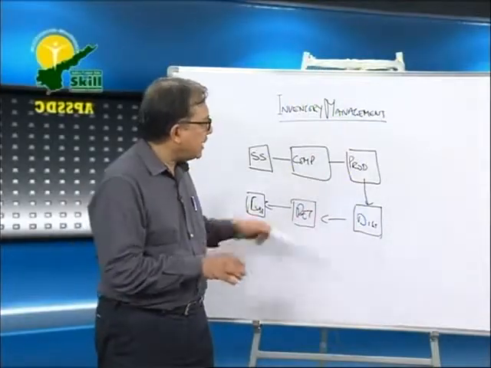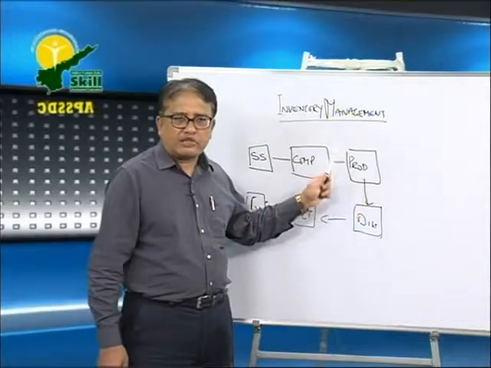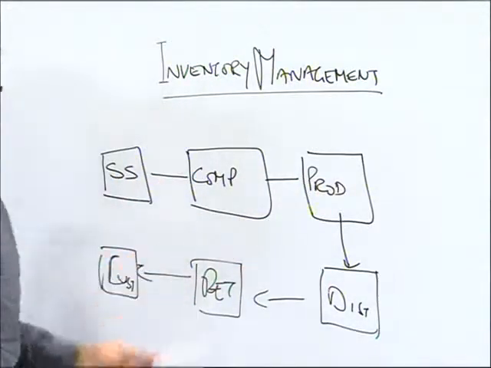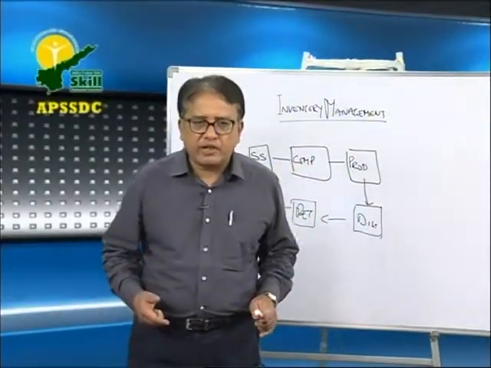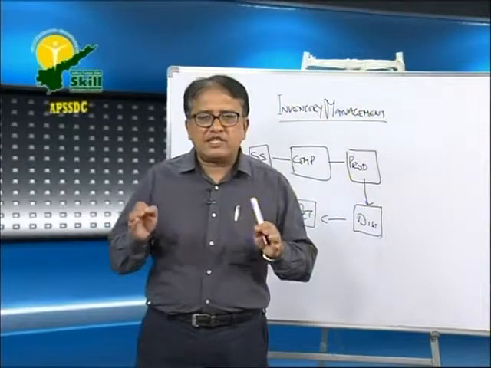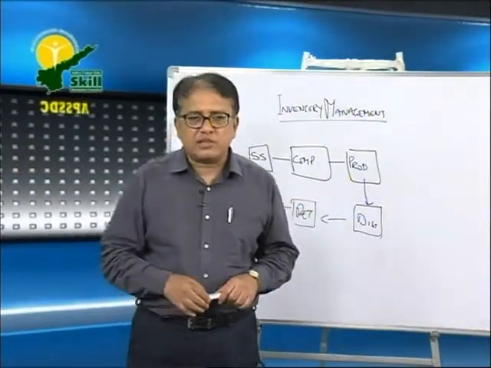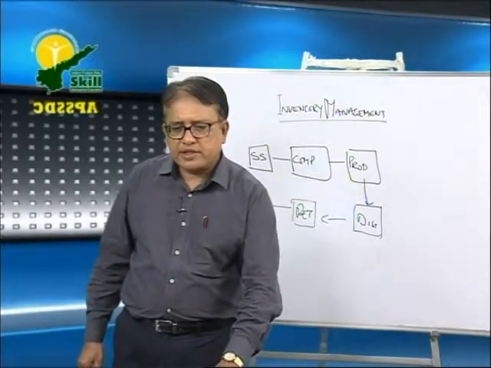Managing the inventory is not only necessary for the production unit to manage its own inventory, it has to be well connected and well coordinated with other companies as well, and how they are managing inventory, whether they are in sync with the final inventory management of the supply chain as a whole. Let us refer to the next slide.